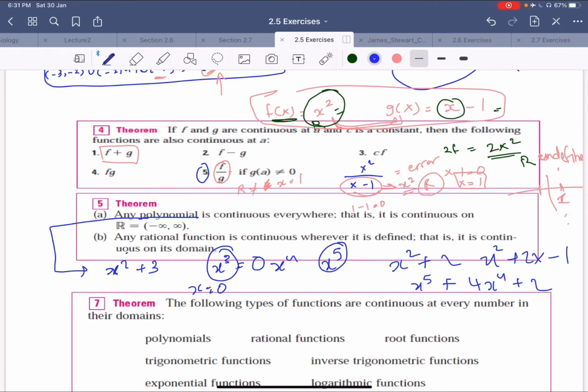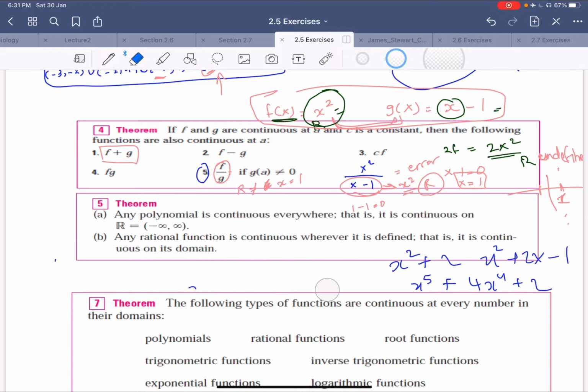Any rational function is continuous everywhere it is defined. That is, it is continuous on its domain, as we said in the previous one. A rational function means a denominator and a numerator.